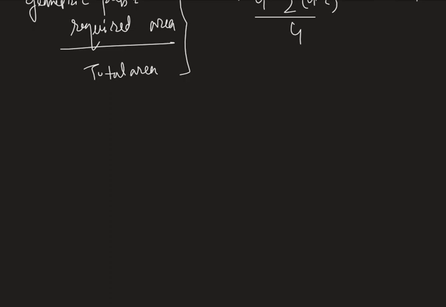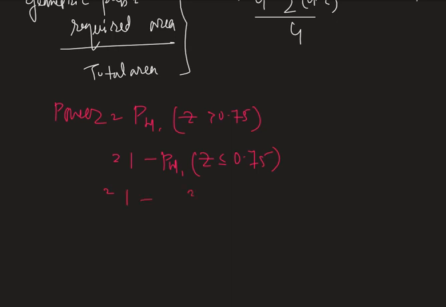Okay, so the power of the test will be the probability under H1 that z is greater than 0.75. We can write 1 minus the probability under H1 that z is less than or equal to 0.75. Now z less than or equal to 0.75 under H1 results in 1 minus (3 by 4 whole square divided by 2) whole divided by 4, which results in 9 by 16 multiplied by 2 multiplied by 4, that is 32, 128.